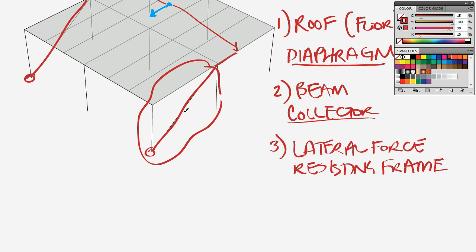Here I'm showing it as a brace frame. There's a brace there, but there are lots of different types of things that you could put in this bay that could function as a lateral force resisting frame.